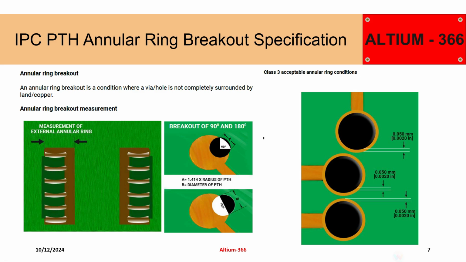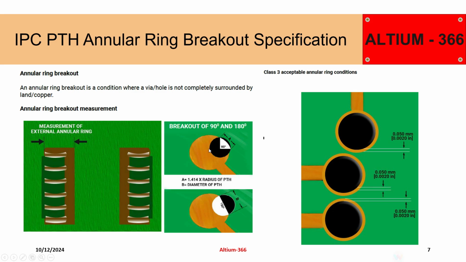In the IPC specification, it's mentioned that your class 3 should have 50 micrometer of external annular ring that the PCB manufacturer should fulfill for the class 3 PCB. And for class 2 and class 1, well, this is the pad size where the via is drilled.